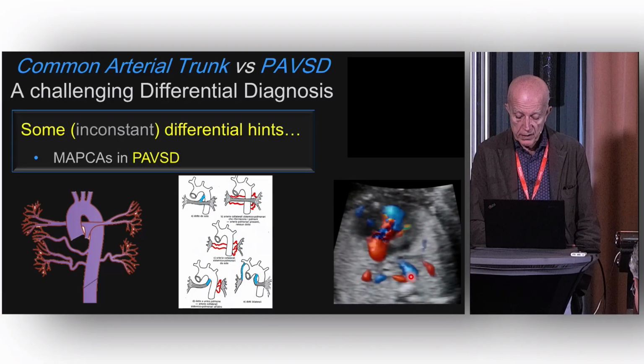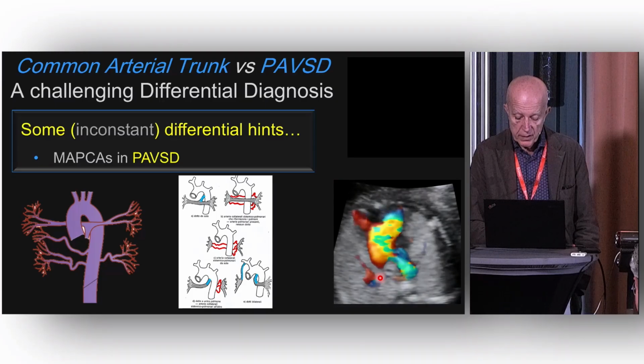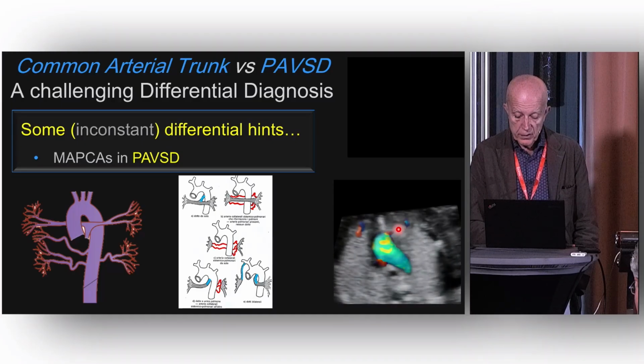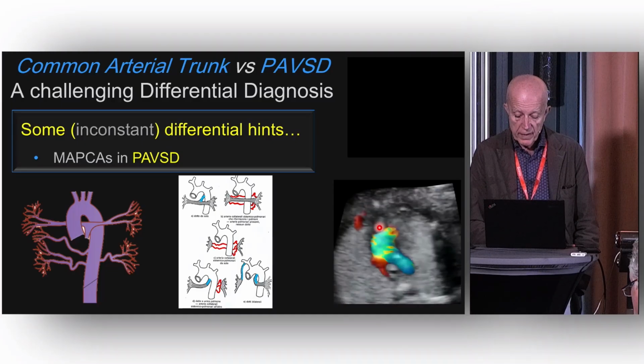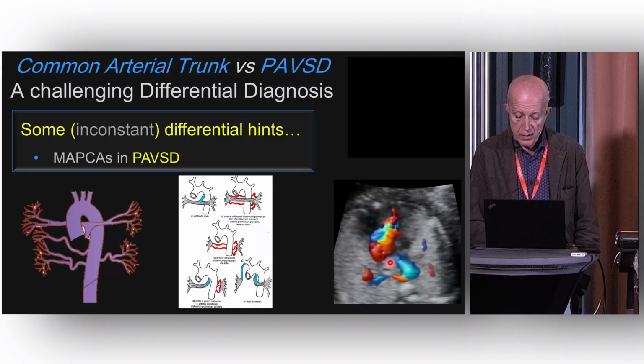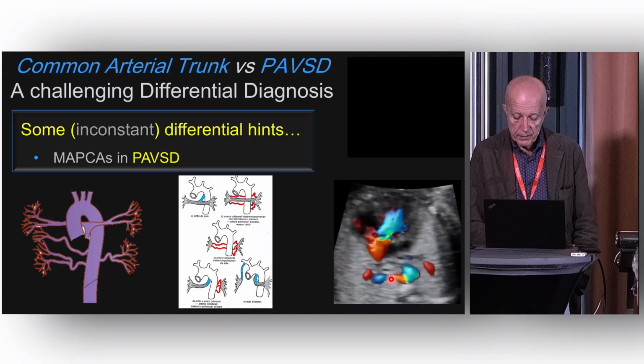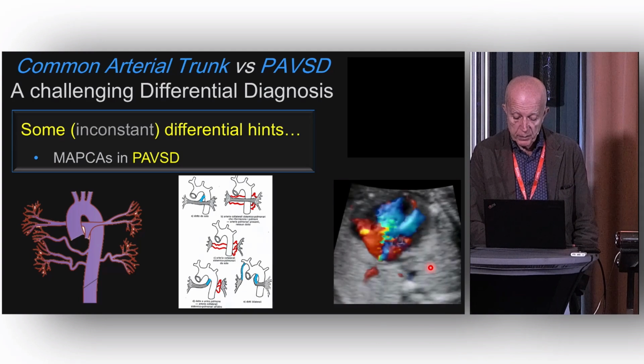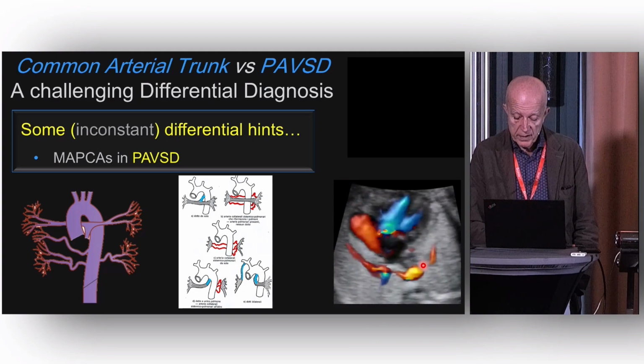Then I'm reaching the ductus, and this is one pulmonary branch, and I cannot see the other one, reaching up in the upper mediastinum to the thymic box, showing the two internal mammary arteries, and there was also a small thymus going back, and again, the right pulmonary branch here, and no left pulmonary branch, and two MAPCAs here.